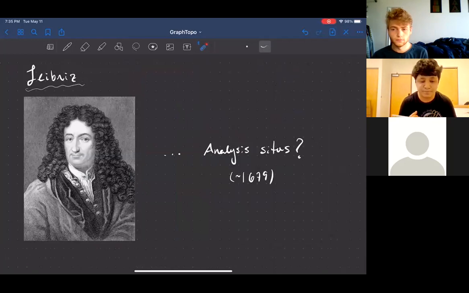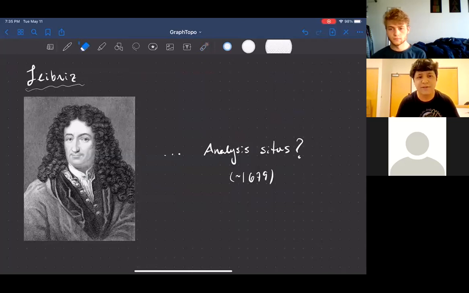The areas that were being studied at that time were geometry, since the Greeks, algebra, and arithmetic. But Leibniz was concerned with a special area which deals not with magnitudes, but just position.